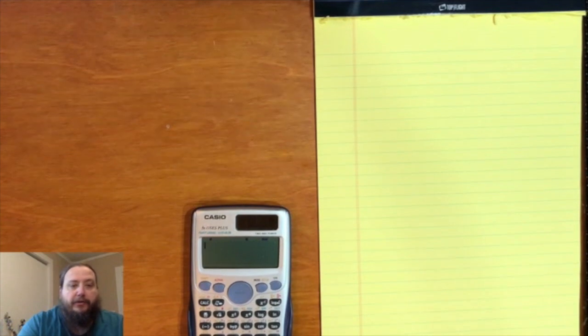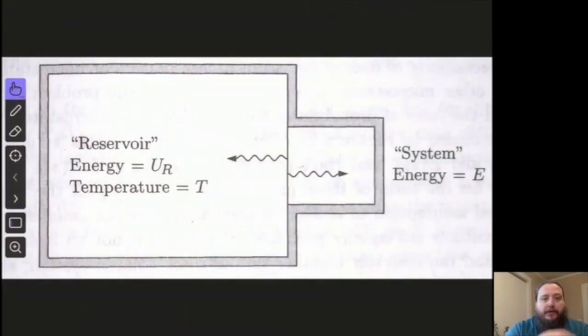All right, so let's start with imagining a system. In particular, our system is some small system over here. It doesn't necessarily matter what it is, but for the sake of our discussion today, we're going to make our system a hydrogen atom.